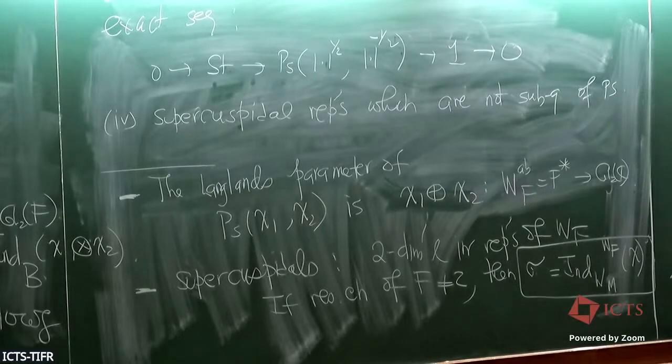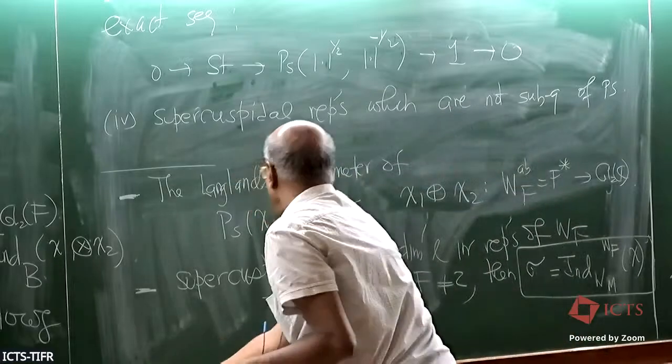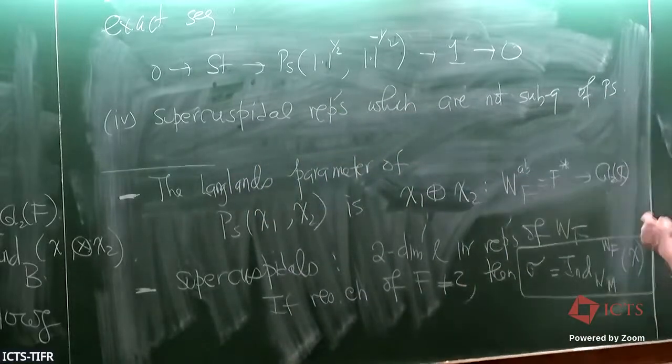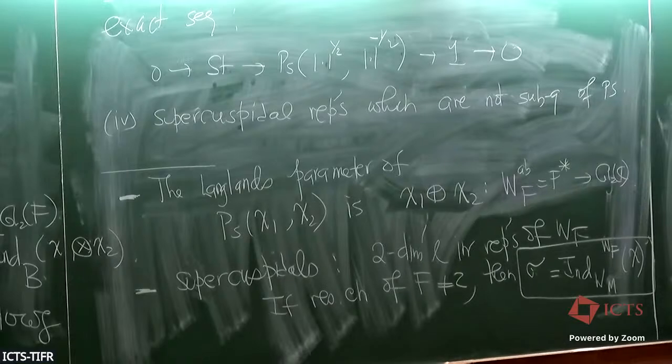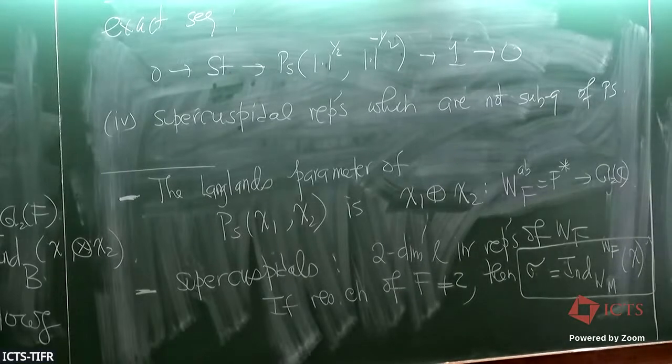So this is the local picture, and somehow quite clean. There is an analogous representation theory for GL2R or SL2R, and that is what I wish to say a few words about.